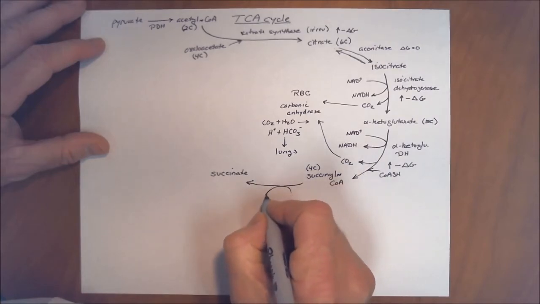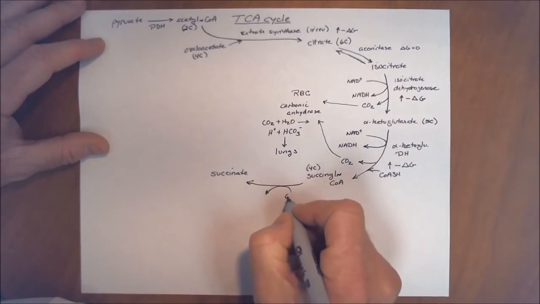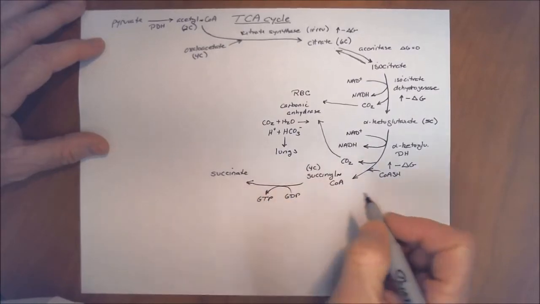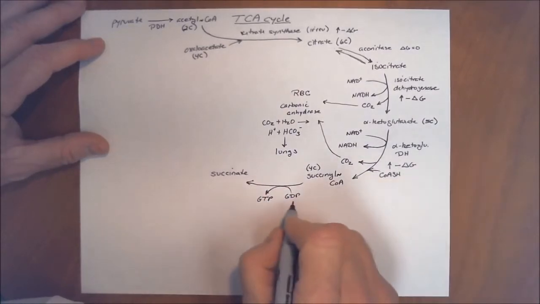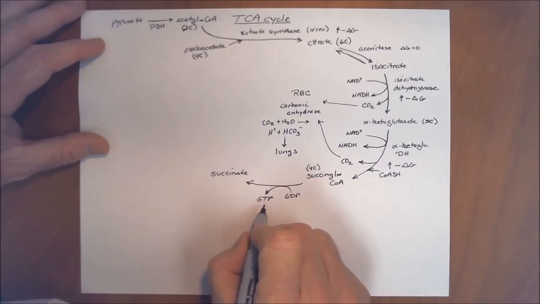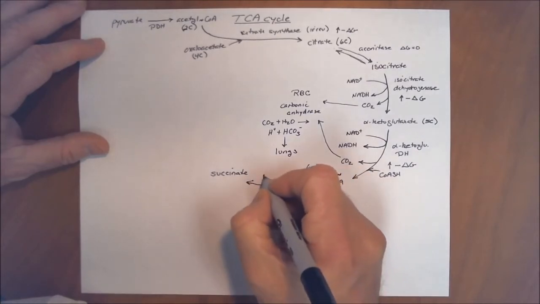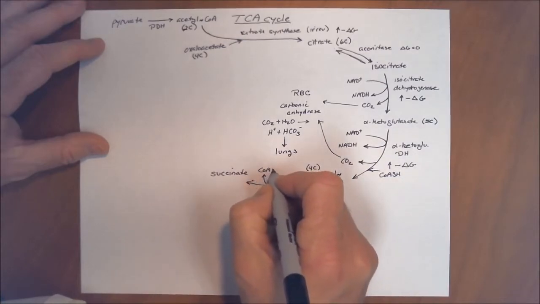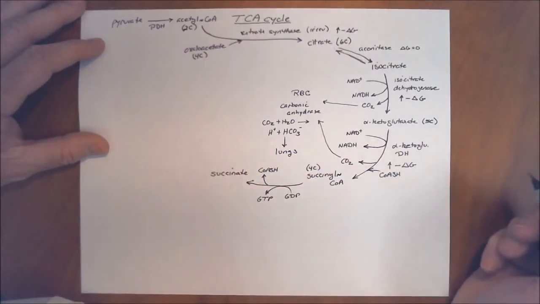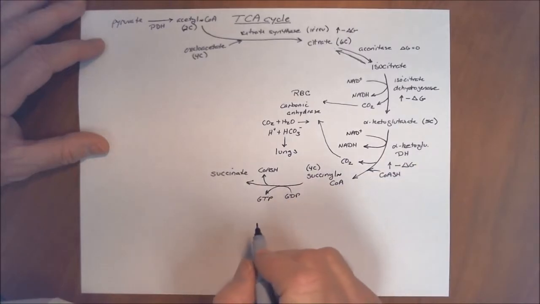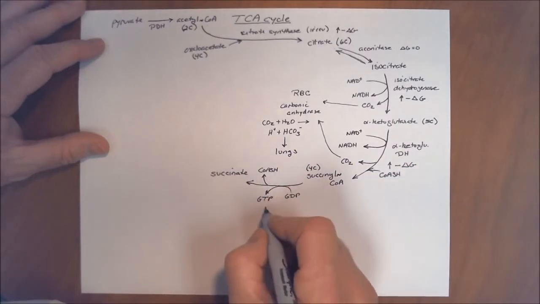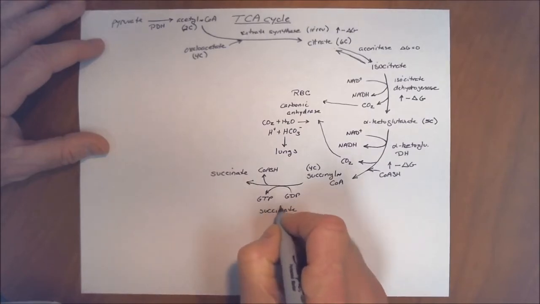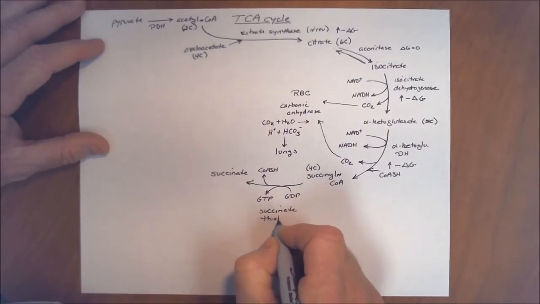We are going to harvest this energy in a slightly different step, and that is coupling phosphate to GDP in a high energy GTP bond. The energy of this CoA addition, release of this bond, of that high energy, will drive this synthesis. This enzyme is called succinate thiokinase.